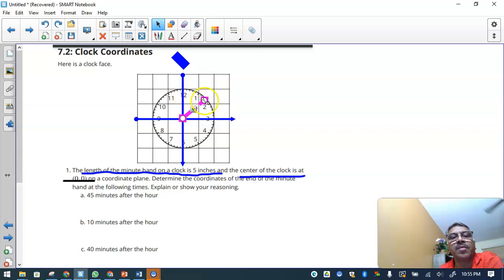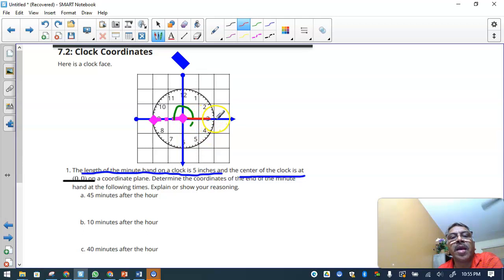So that means this minute hand goes 5, 10, 15, 20, 25, 30, 35, 40. So it goes this way, and you have an angle going around. Even though you rotate it this way, the angle formed is considered always from this side.